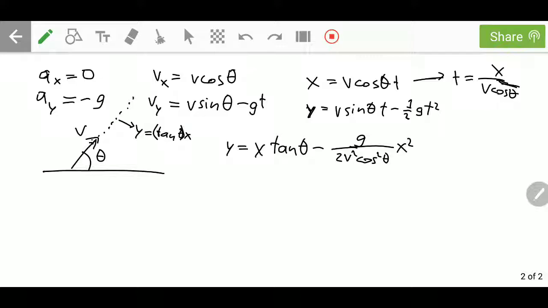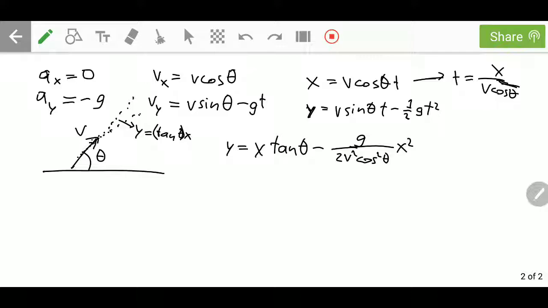And now the second term, the quadratic term, tells you how far short of that the projectile ends up, how far below this line it ends up at a particular position x.